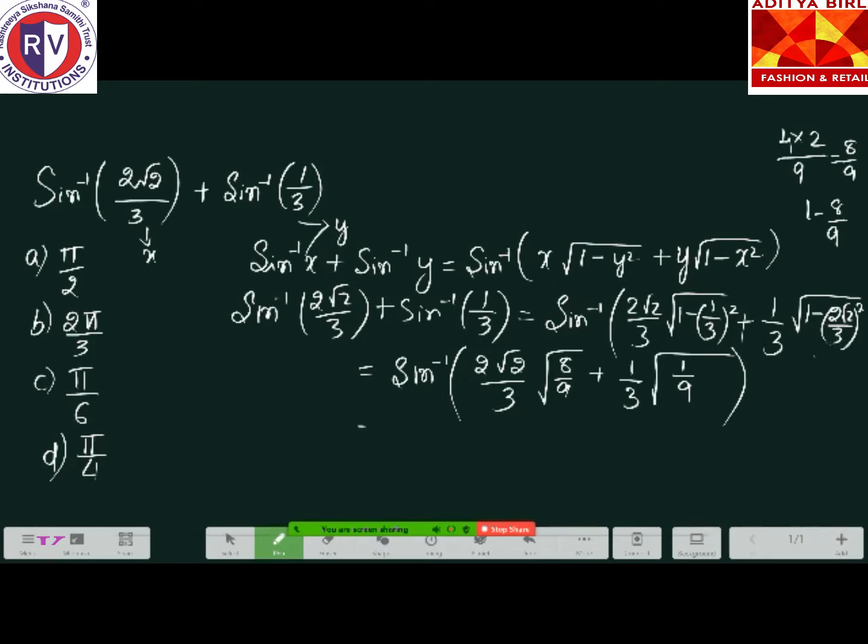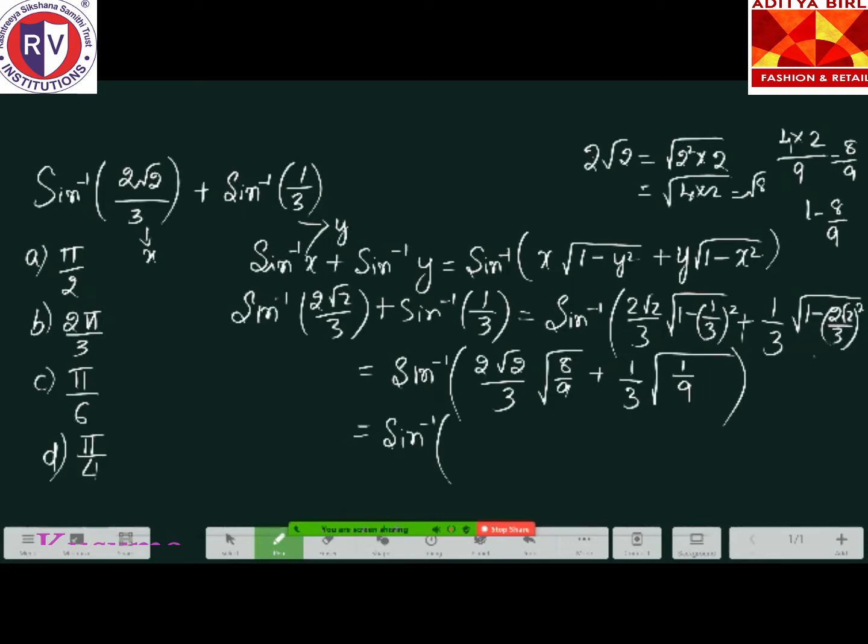Now, so 2 root 2 can be written as root 8, isn't it? See, if I take this 2 inside square root, it will be root of 2 square into 2. That is root of 4 into 2, that is root 8, isn't it?